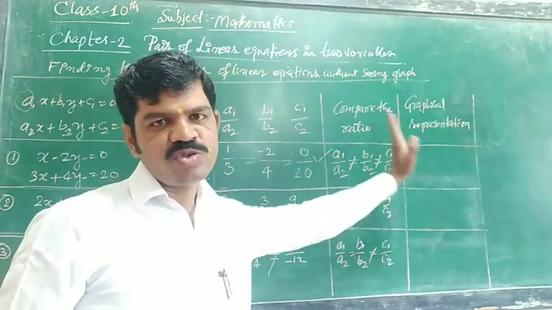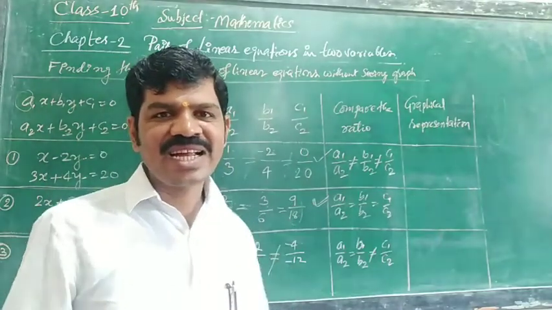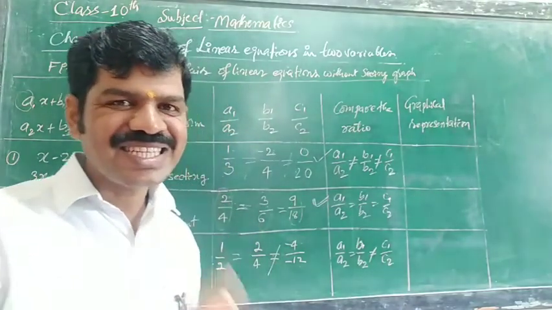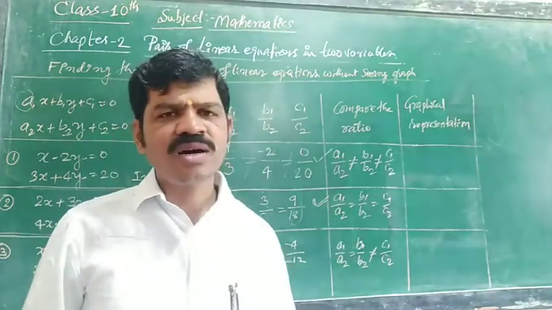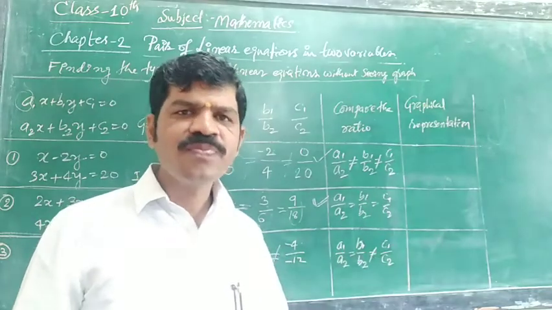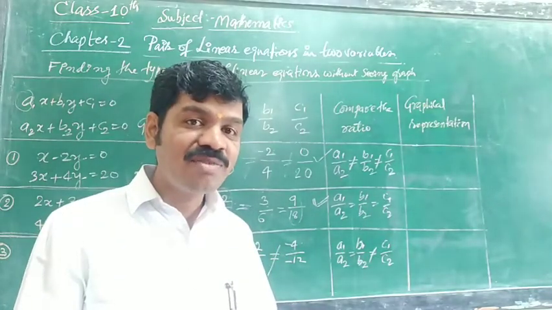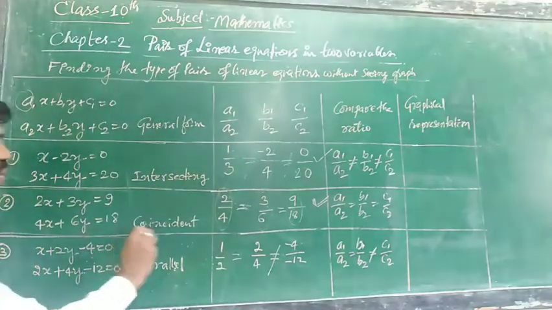If these are not equal, then that kind of pair of linear equations is the intersecting pair. If a1 by a2 is equal to b1 by b2 is equal to c1 by c2, then that kind of pair of linear equations is coincident.